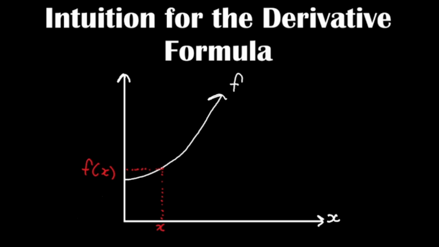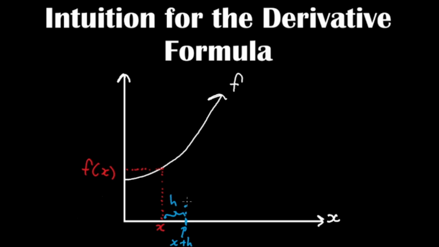And then let's say we have another input value that is h units to the right of x. This value right here is going to be x plus h because it's h units to the right.